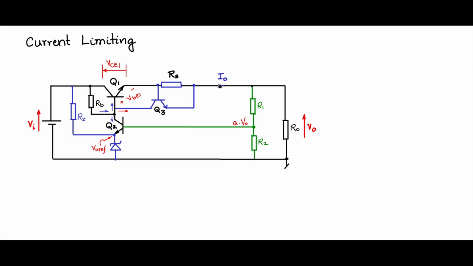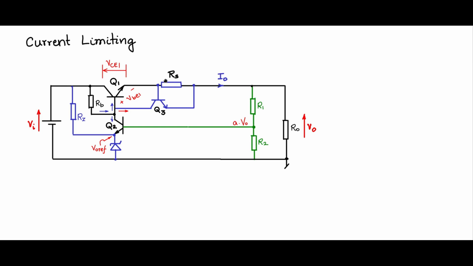So let us say this I0 value which is flowing here is dropping across this, and you have I0 into RS drop. So this I0 into RS drop is the one that will start cutting in this transistor Q3. Once the I0 into RS drop reaches 0.7, that is where you can design the value of RS for a given I0 rated value.